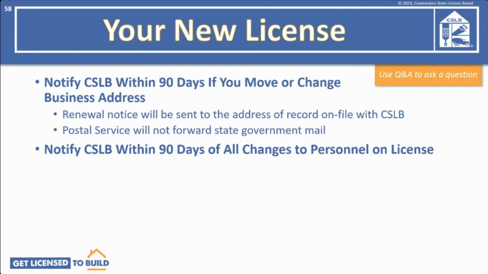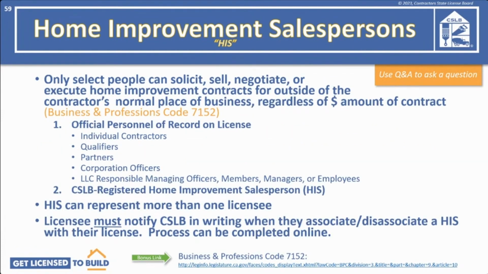Once you get your license and get to work, you might want to hire someone as a salesperson to solicit, sell, and negotiate home improvement contracts on your behalf outside of your place of business. These people are called home improvement salespersons, or HIS. Without an HIS, the official personnel of record on the license are the only ones who can solicit, sell, negotiate, or execute a contract.